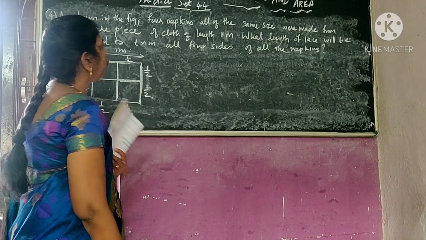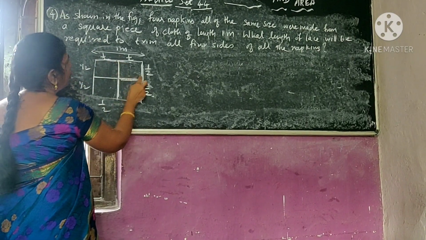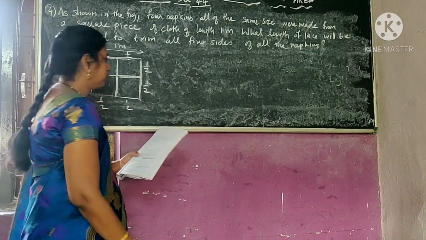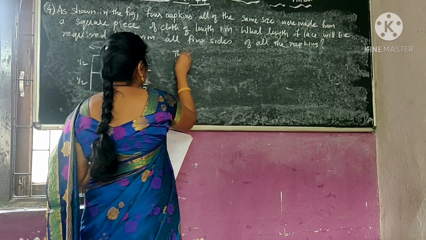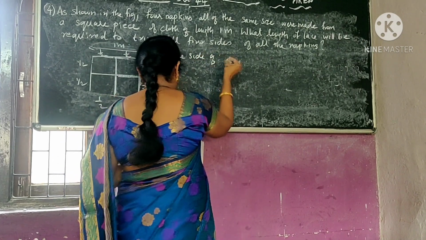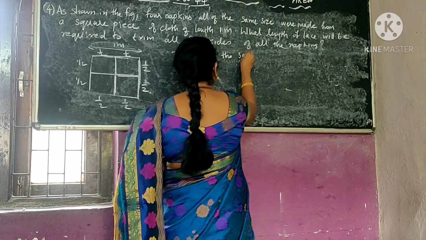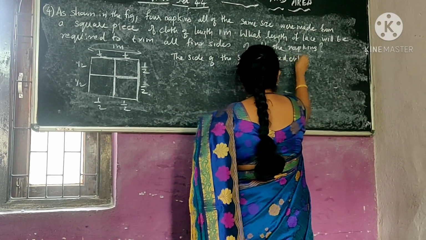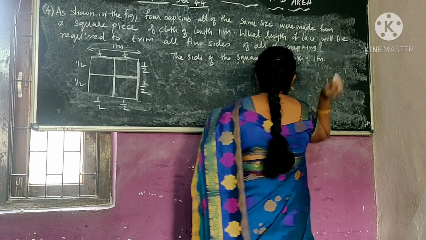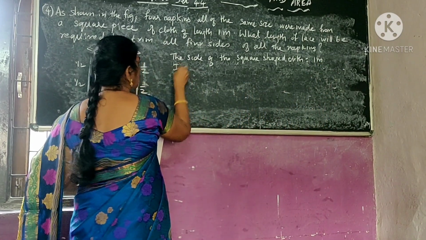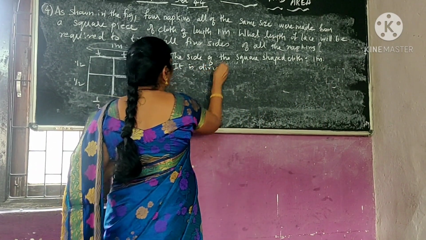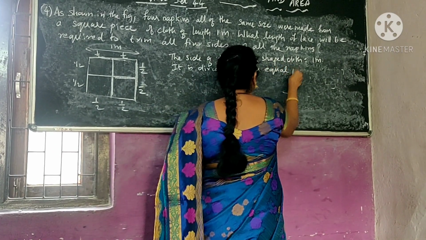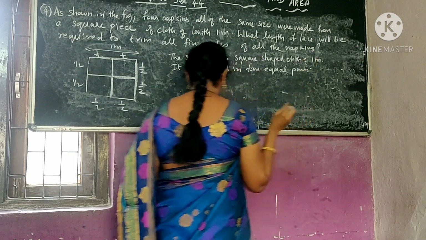So we are going to find what is the length of lace required to trim all the 4 sides of these small square pieces of cloth. Now, the side of the square shaped cloth, that is the original cloth, is 1 meter. Now it is divided into 4 equal parts.